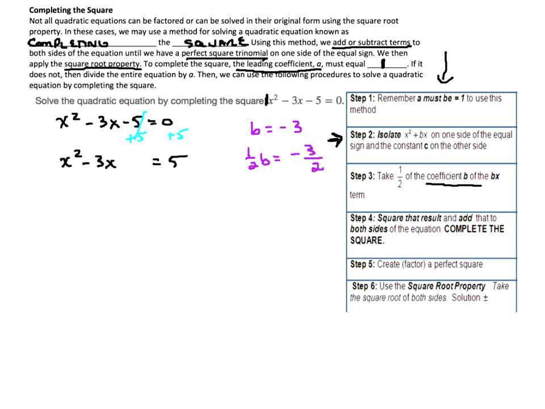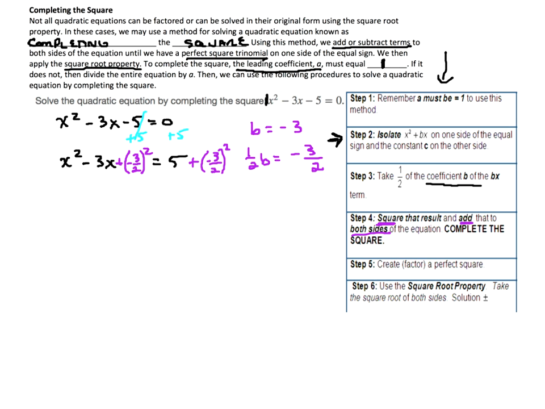And then you square that and add it to both sides. So I'm going to add -3 halves squared. I can't just add it to one side for it to remain an equation, so I have to add it to both sides.